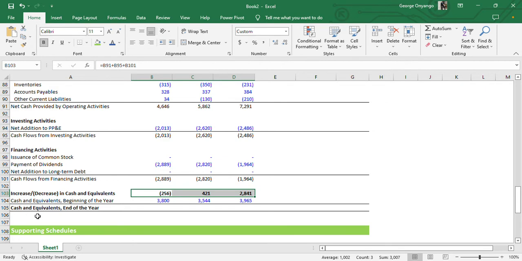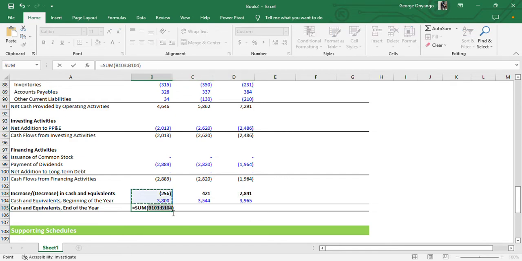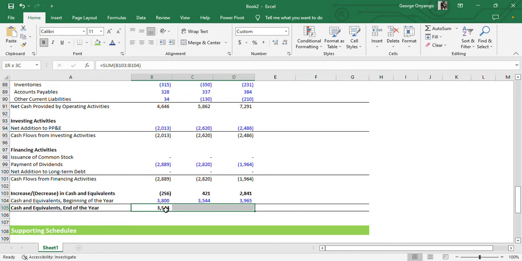So the cash and cash equivalents at the end of the year is going to be, you add that and you fill that right. So at the end of each year, this was the net cash flow.